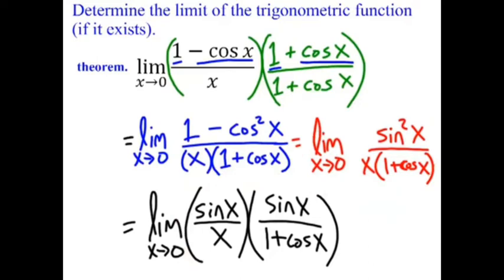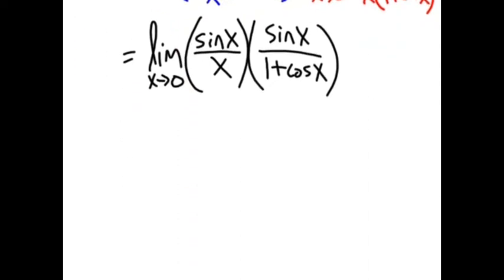Now, as per my theorem, the value of the limit as x tends to 0 of sin x by x will be equal to 1.